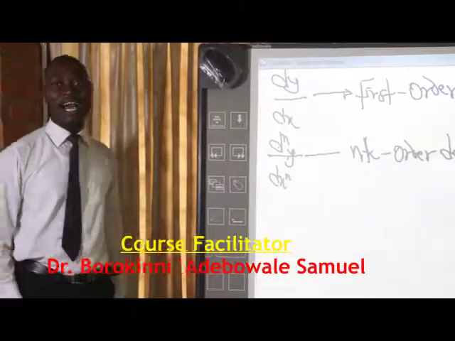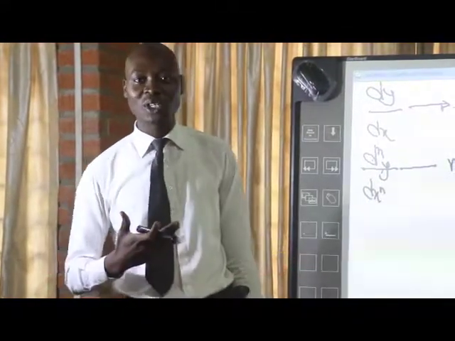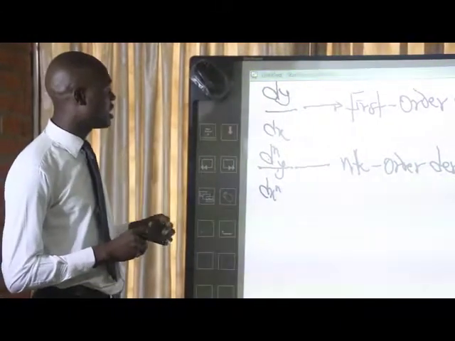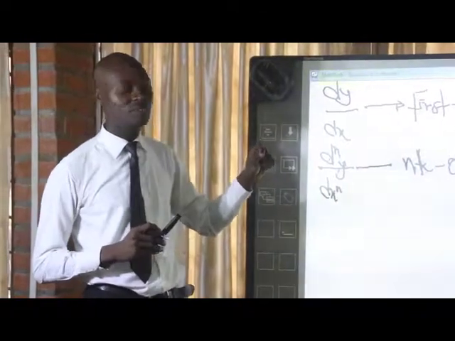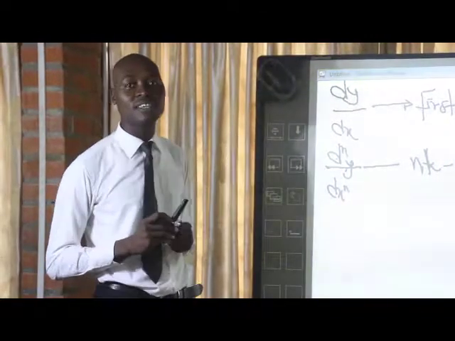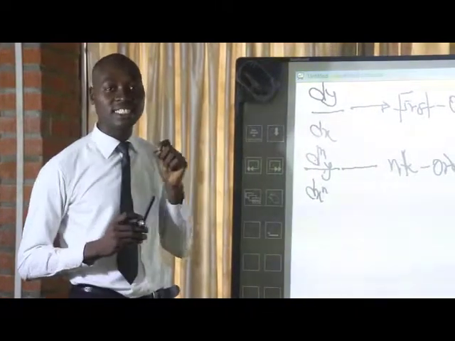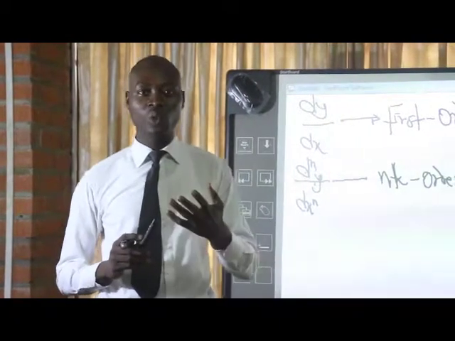So when I define an order of an ordinary differential equation, I'm saying that all you need to do is look at the highest derivative contained in the equation. And the highest derivative will dictate the order of the ordinary differential equation.